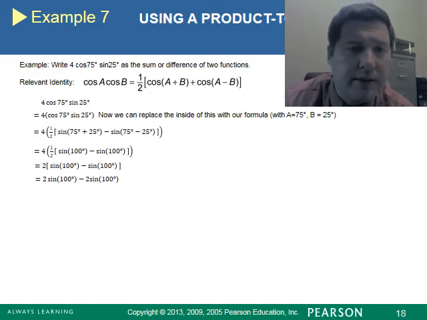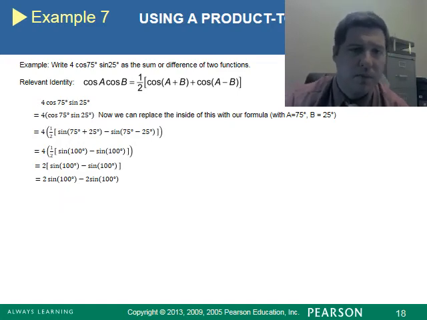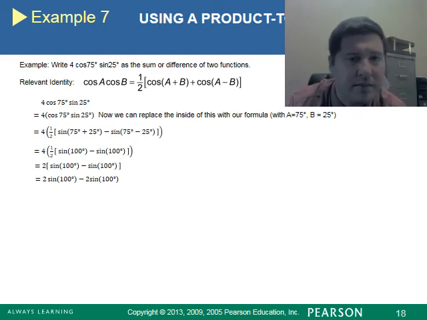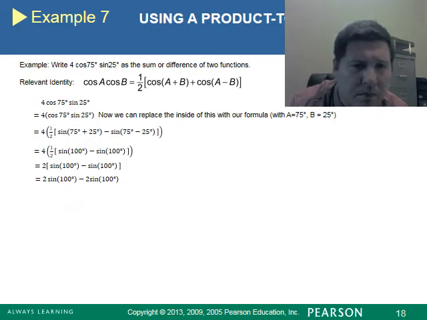Write for cosine 75, sine of 25 as the sum or difference of two functions. So finding the right one of these, we probably could have used a few different formulas here. Did I choose the wrong one of these to write down? What am I missing here? Yeah, this isn't the right formula.